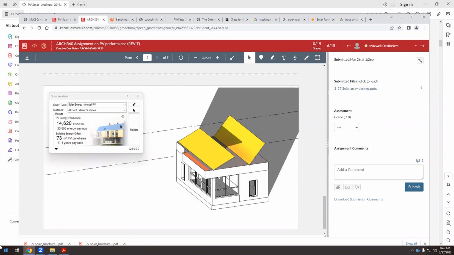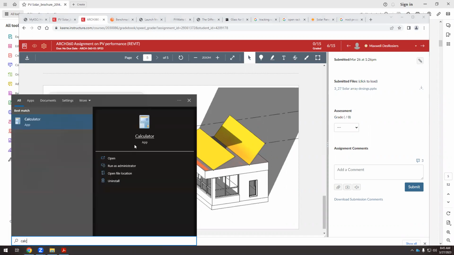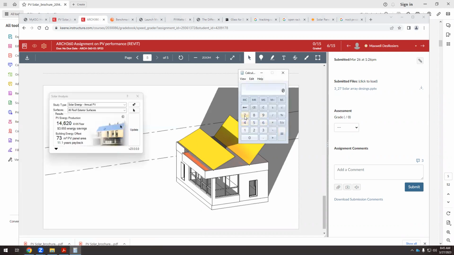So how many panels do we have? If we go to the calculator, 73 square meters divided by 1.6, we have 45.6 panels. Let's say 45. We don't have 0.6 panels, so we have to round down, not round up.